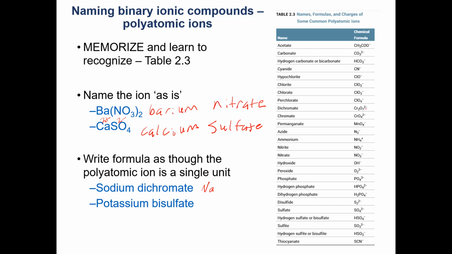Now dichromate has a 2 negative charge on it. Sodium only has a 1 positive. So that means I'm going to need 2 sodiums to go with the 1 dichromate ion. Since I only have 1 dichromate ion here, I do not put it in parentheses.